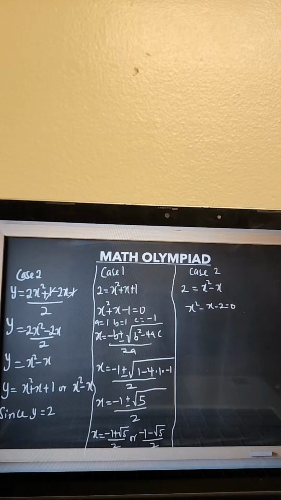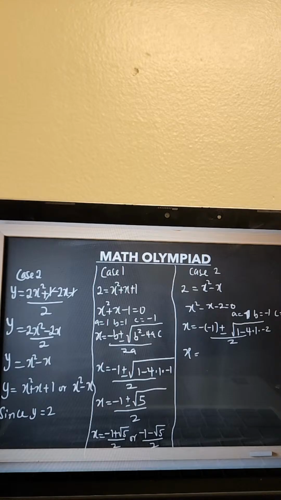In this case also, you can make this easy using the factorization approach, but using the quadratic formula too, here a is 1, b is negative 1, and c is negative 2. So minus b, which is positive 1, plus or minus root b squared, which is 1, minus 4 times 1 times negative 2, all over 2.